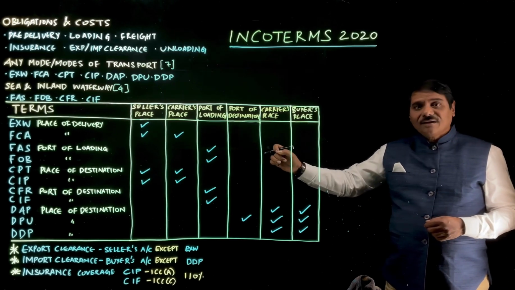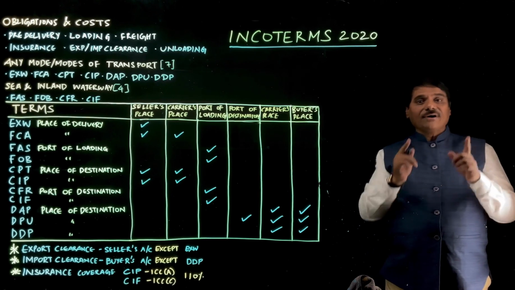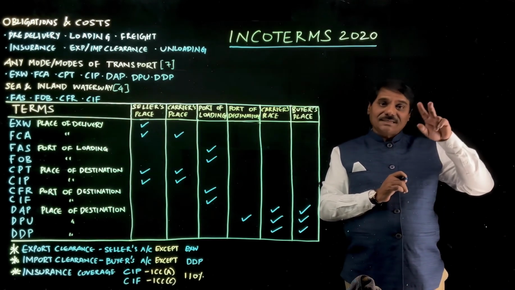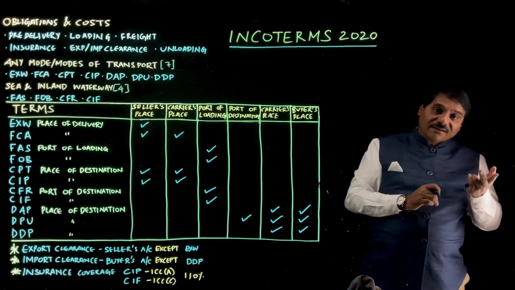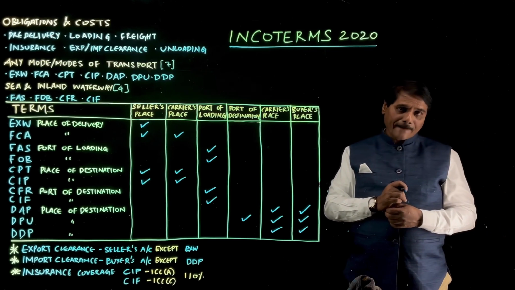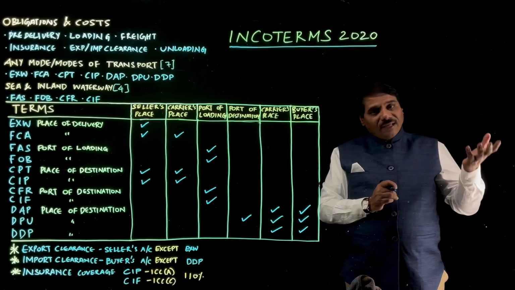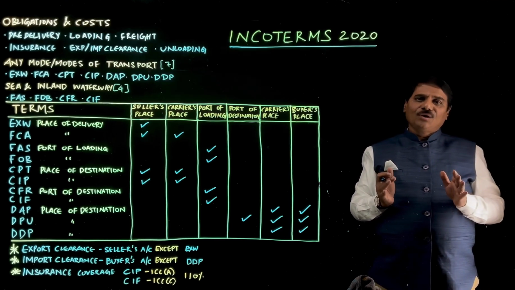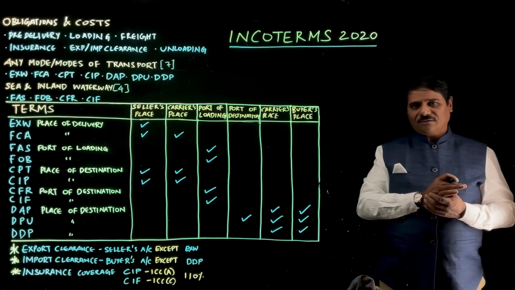But here, D series, delivered at place, the seller's risk is passing to the buyer in buyer's country. Here in this case, delivered at place, they are ready for unloading. There is no need for the seller to unload the goods there.